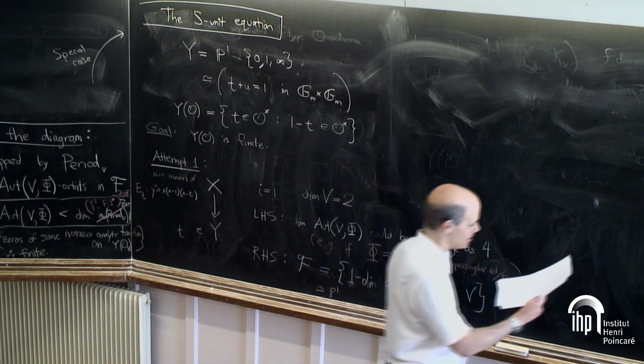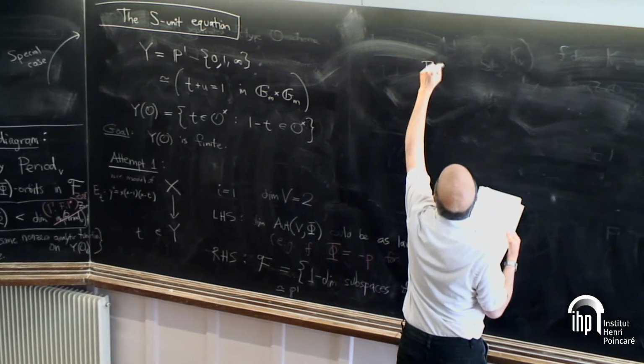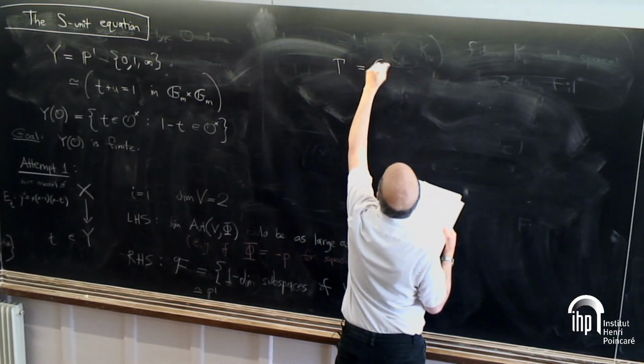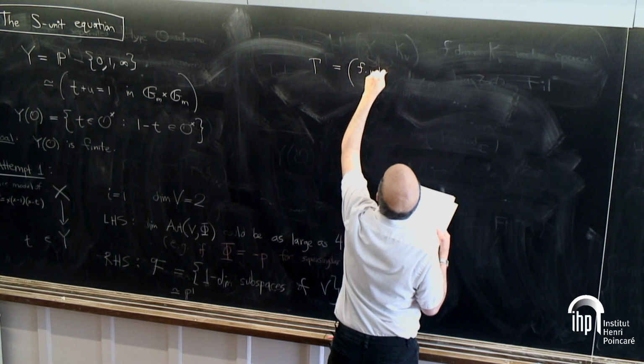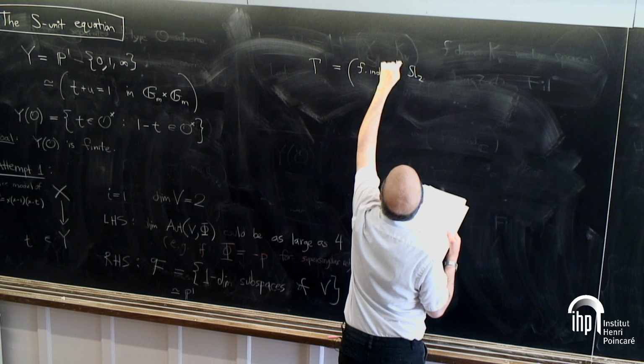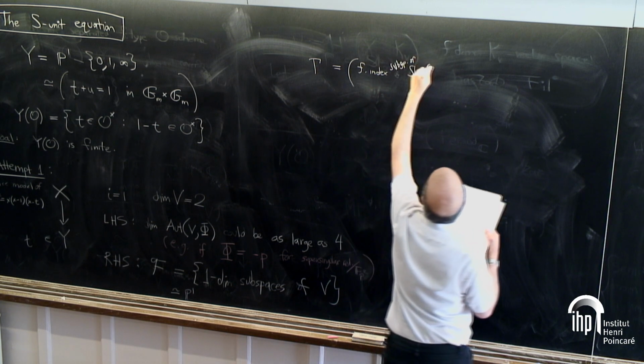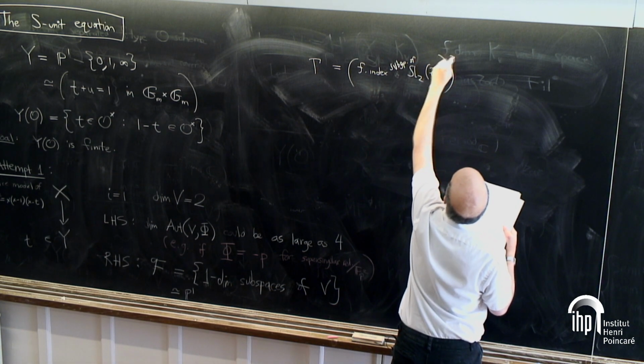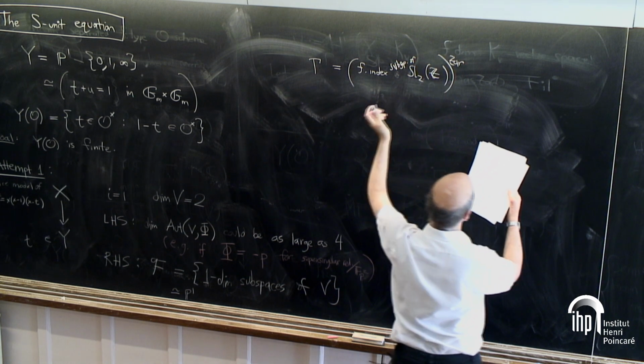So gamma is going to be the Zariski closure of some finite index subgroup of SL2Z. But it doesn't matter.